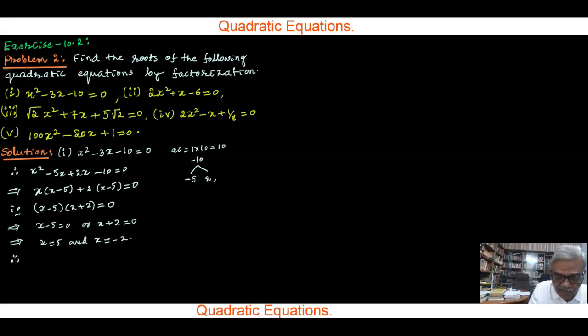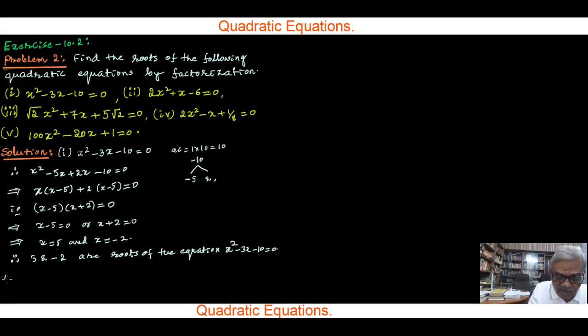Therefore, 5 and minus 2 are the roots of the equation x square minus 3x minus 10 equal to 0.